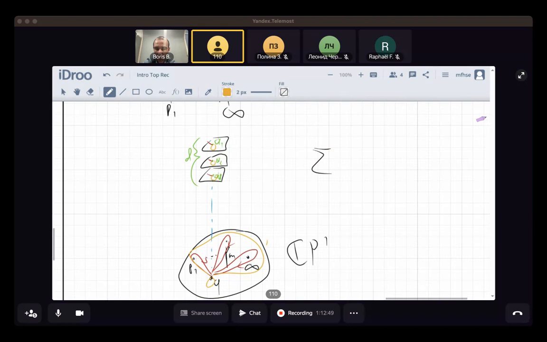Upstairs, this goes to, this is 1, this is -1, right? But -1 goes to 1, right?